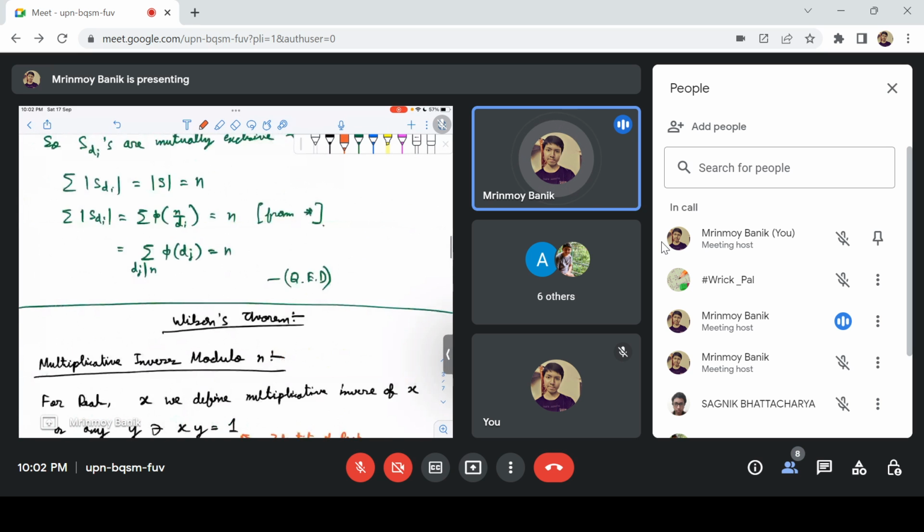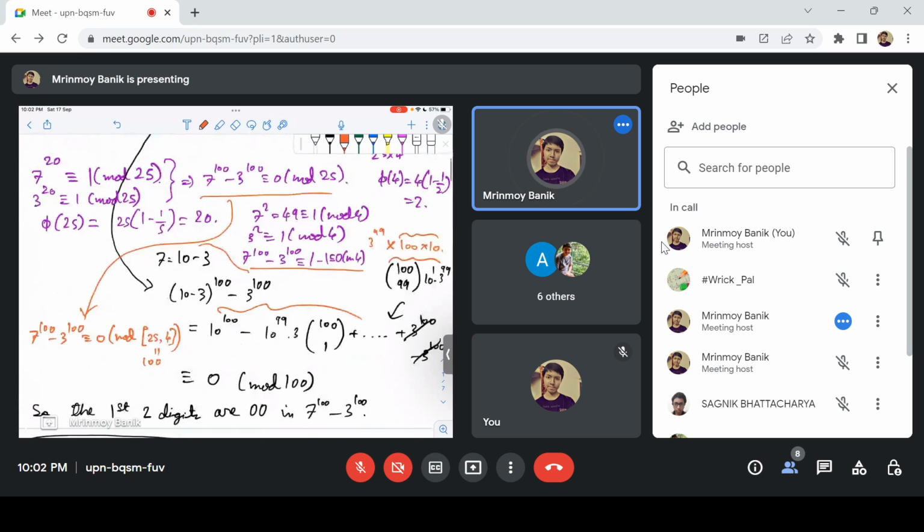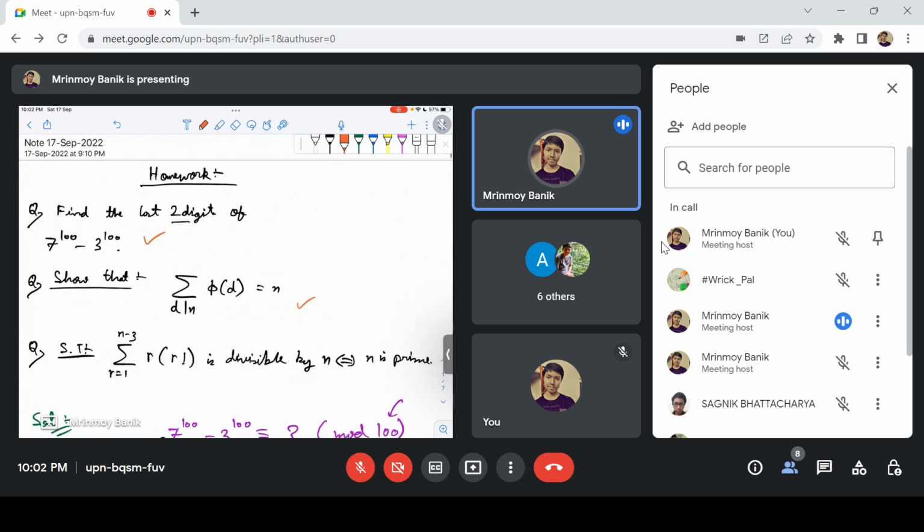So going back to our original problem, we needed to show the sum of r times r factorial, for r equals 1 through n minus 3, is 0 mod n, right, if n is prime.